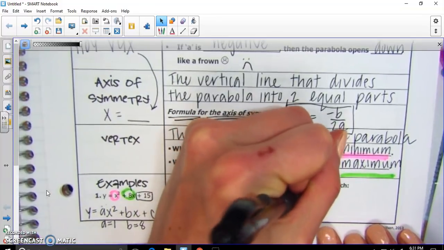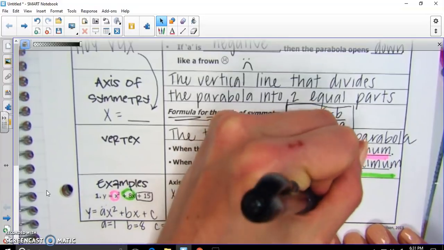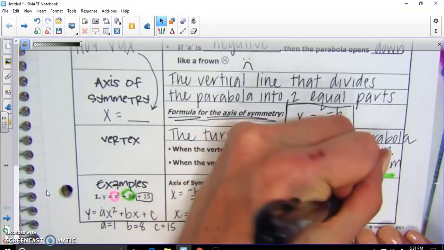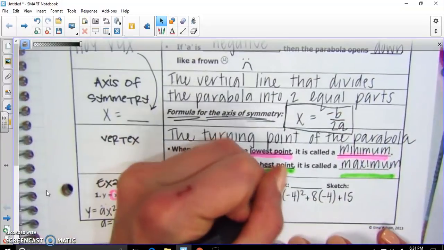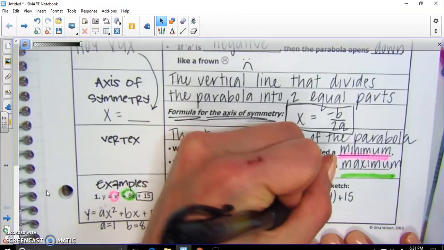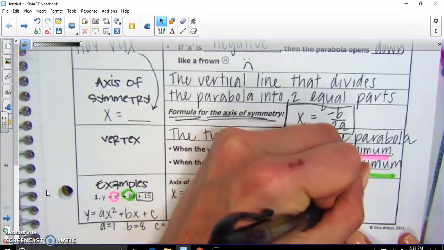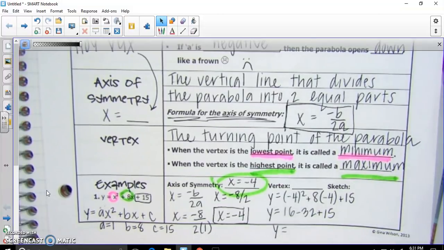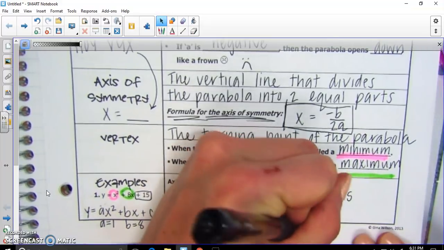So we're going to say negative 4 squared plus 8 times negative 4, there's our 8x, plus 15. And we'll solve this out. 16 minus 32 plus 15. So check that, see what you get. And we should get y equals negative 1.